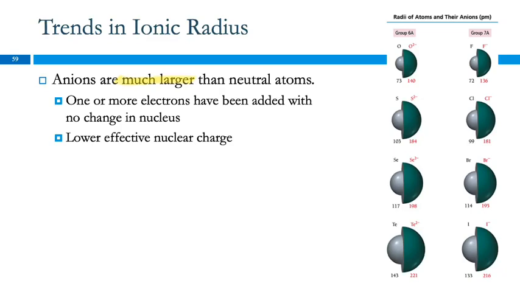There is some shielding between the valence electrons, and so here when you're adding valence electrons, you might say, well, the core electrons are the same, the effective nuclear charge is the same. Well, actually, it's a little bit lower, and that's a detail we don't need to worry about too much. But again, here, it's roughly twice as big. So oxygen 73, the oxide ion 140 across.